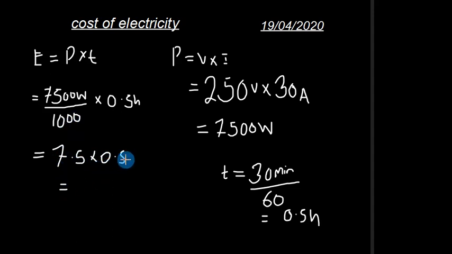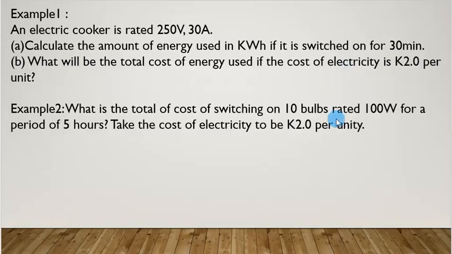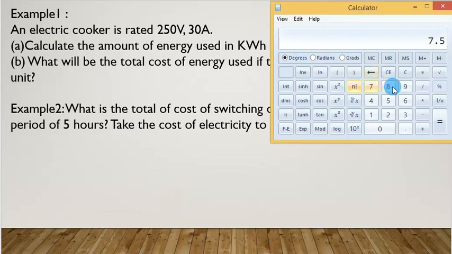So the answer is 0.5 multiplied by 7.5, which gives us, let's calculate and see, 7.5 multiplied by 0.5. So our answer is 3.75.